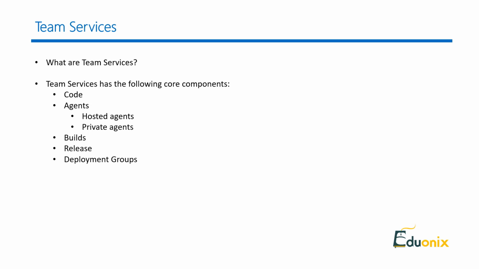So you can think of a deployment group as nothing but a grouping of agents. So when you create a Team Services release definition, you can optionally specify the deployment targets for a phase by using a deployment group. And using a deployment group makes it easier to define parallel execution of your deployment.